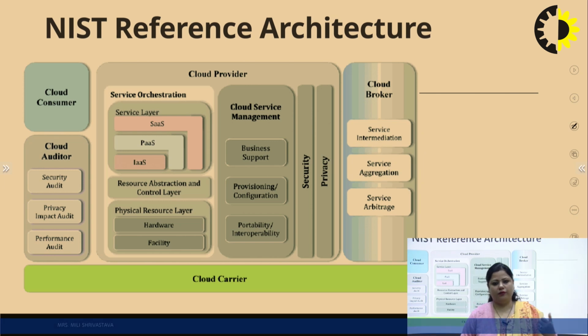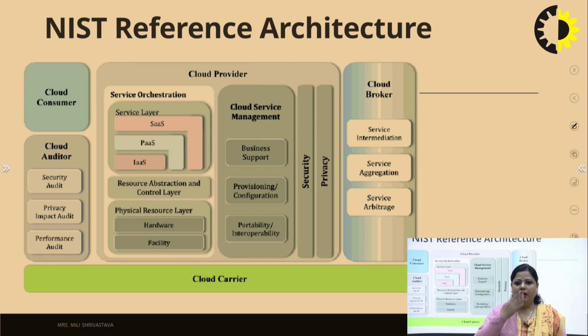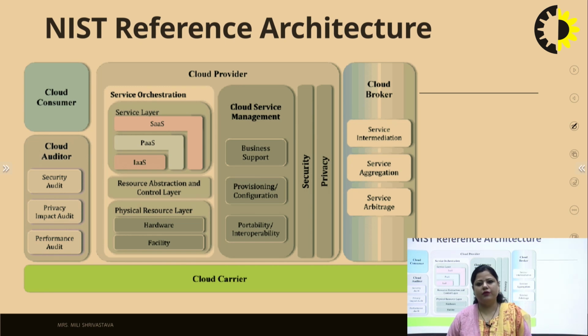So with the help of virtualization, and how can we do virtualization? With the help of software called a hypervisor, we can divide our hardware into different virtual machines, like VM1, VM2, VM3, up to VMn, etc.